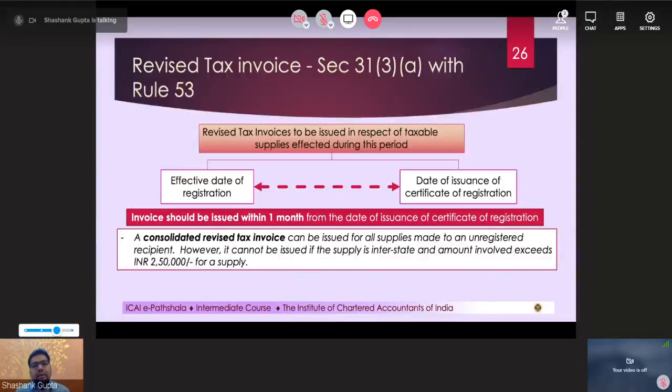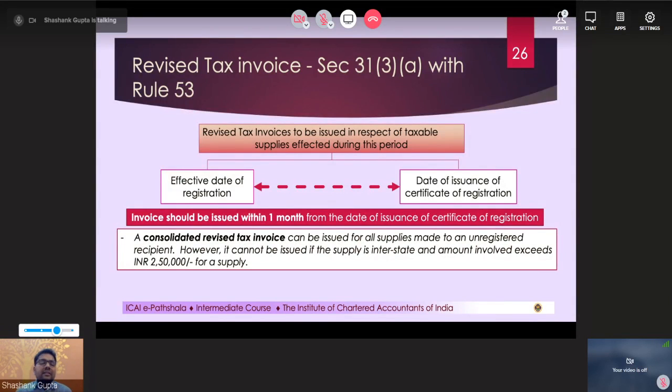tax invoice. Why? Because the law says once a person becomes liable to obtain registration, he will take some time to apply for registration. Let us give him 30 days. If he applies within 30 days, we will take some time to give him the registration.